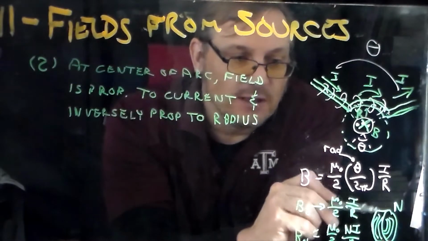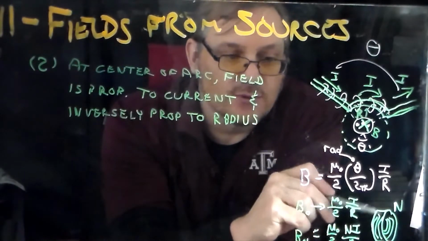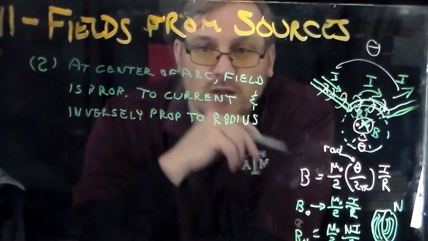I mean, it's just each time you go around here, you get another 2 pi, right? So if you have this relatively thin, that's what you get.